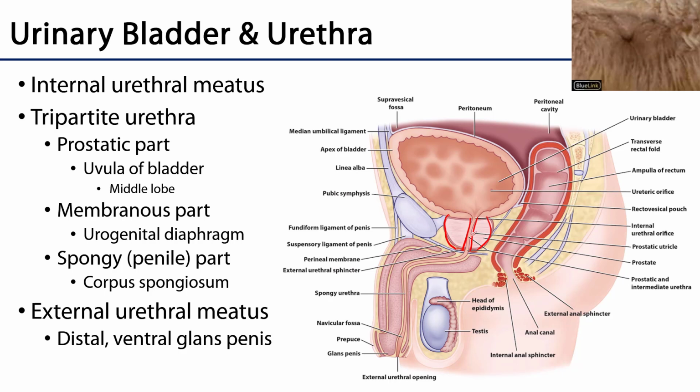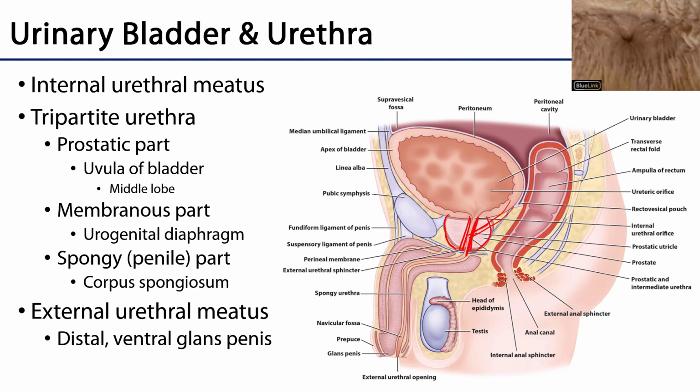It conducts both urine as well as ejaculate, and it receives its ejaculate at this part of the urethra. So there are ejaculatory ducts that are going to conduct secretions from the seminal vesicles, as well as semen from the testes into the prostatic part of the urethra. So this first part is the prostatic part.